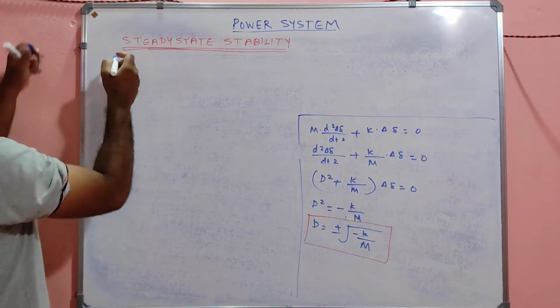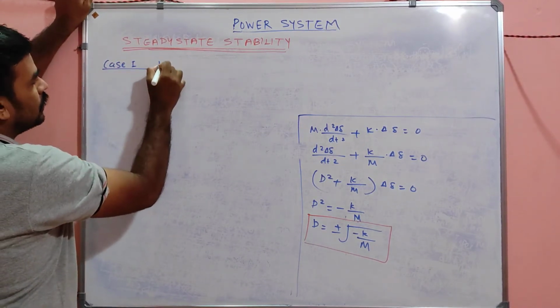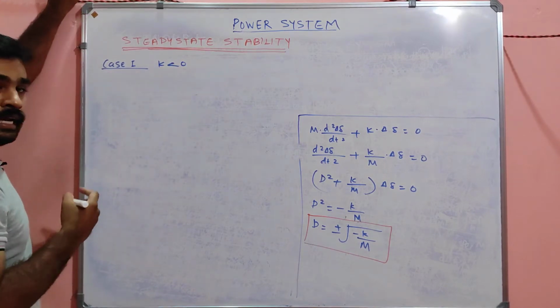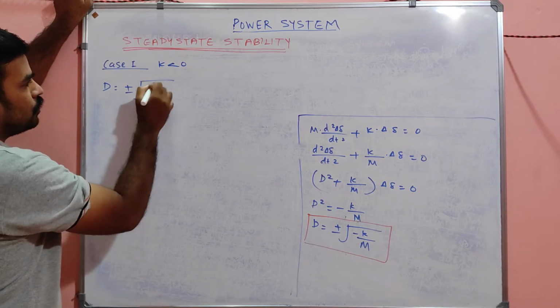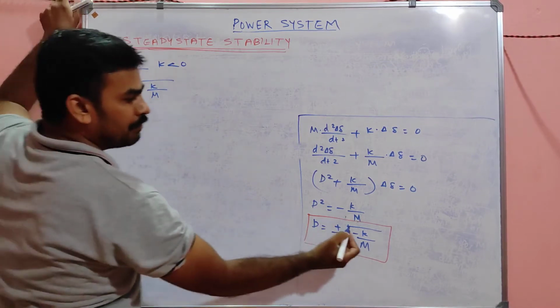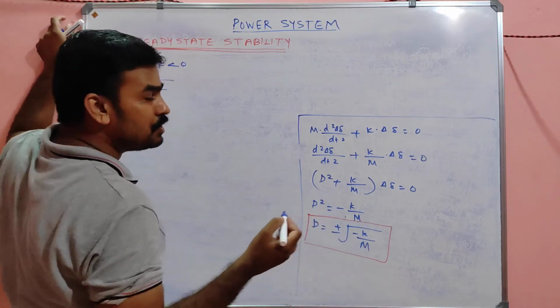Then case 1. K less than 0. K less than 0 means the value of D will be plus or minus root of simply minus k by m. If k is less than 0, substitute any negative value, then inside the root will be a positive quantity.